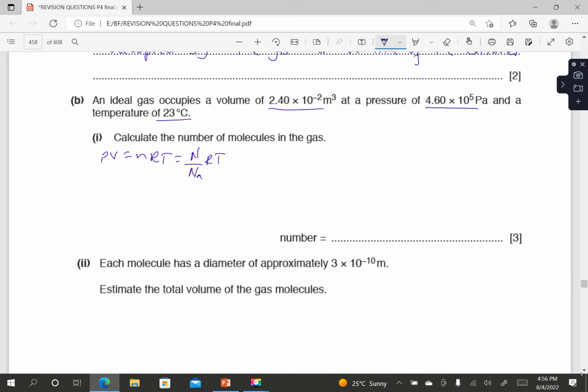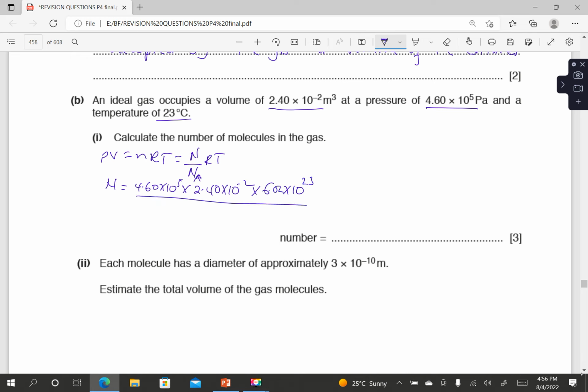I make N the subject: the number of molecules is equal to PV times NA over RT. Substituting, P is 4.60 times 10 power 5, volume is 2.40 times 10 power negative 2, and Avogadro's number NA is 6.02 times 10 power 23.